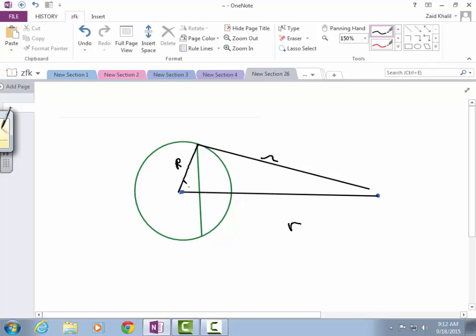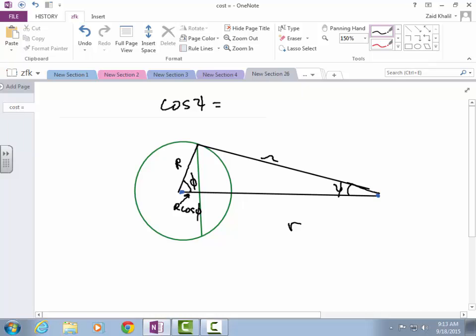This is big R. That's phi. So therefore, this length is r cosine phi. And this is your angle psi. So cosine of psi is going to be this length divided by script r.